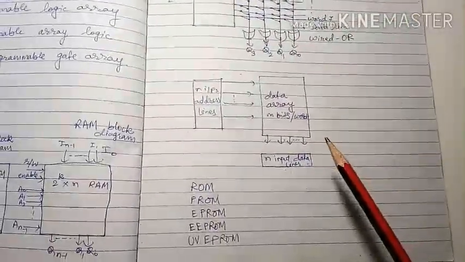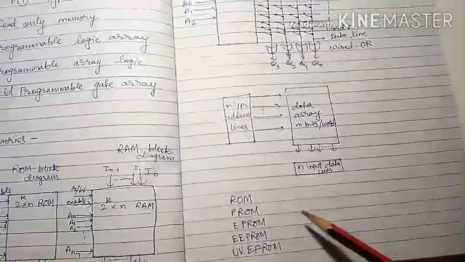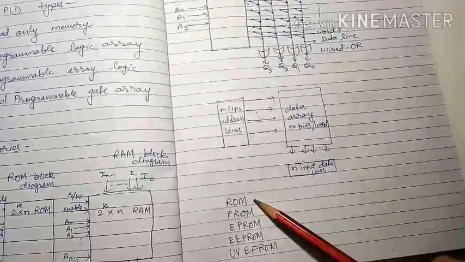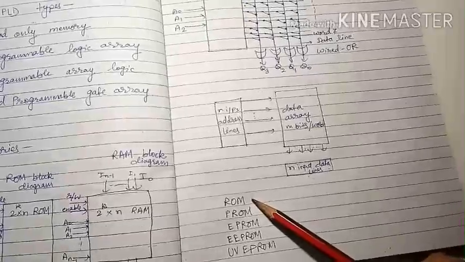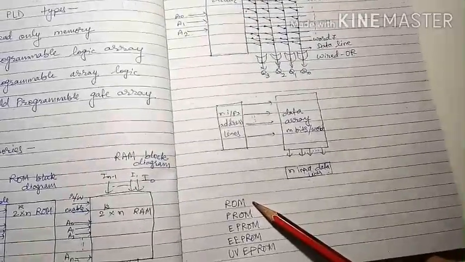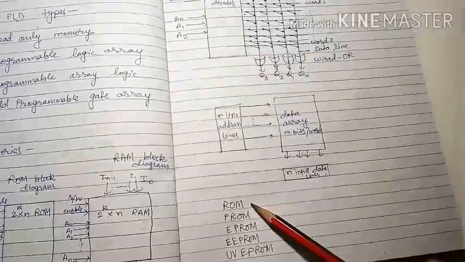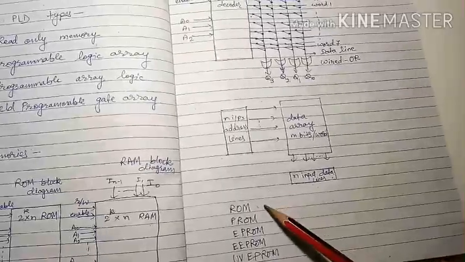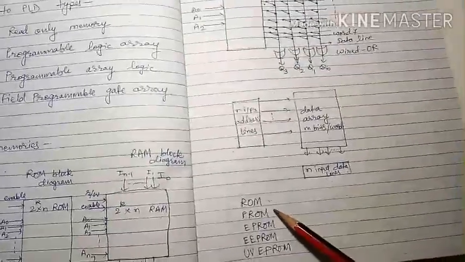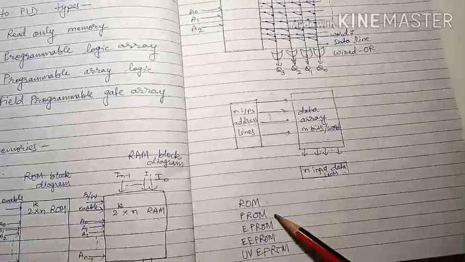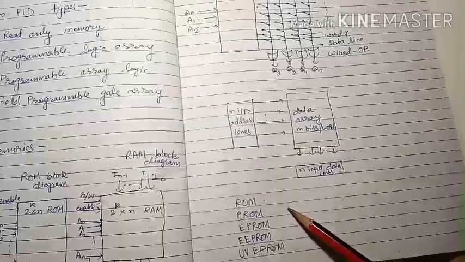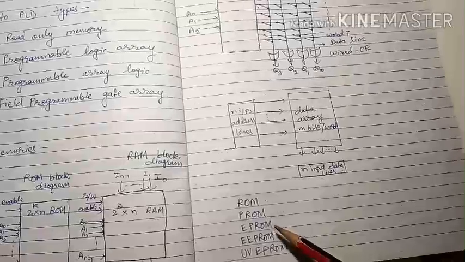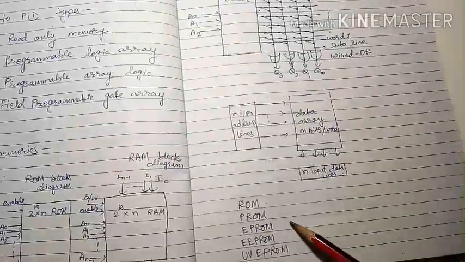Now we will see how many types of read-only memory there are. ROM is also known as mask ROM. Mask ROM means the data cannot be changed once it is stored. Masking is done, so ROM contains permanent data. Nobody can change the data. Second type is PROM, programmable read-only memory. The data can be programmed. Then EPROM, erasable programmable read-only memory.